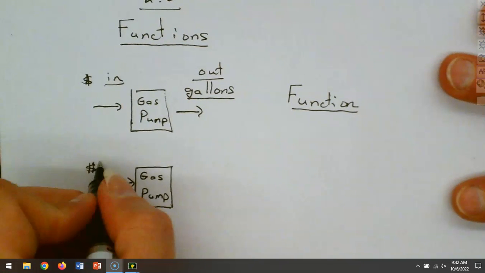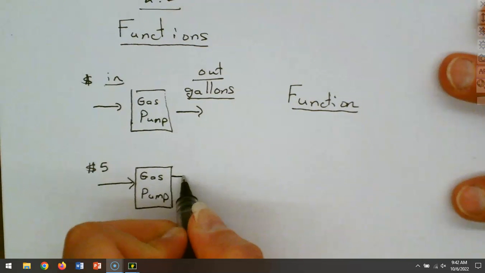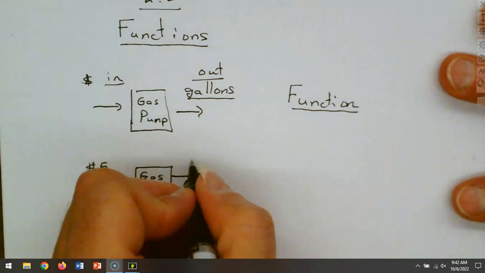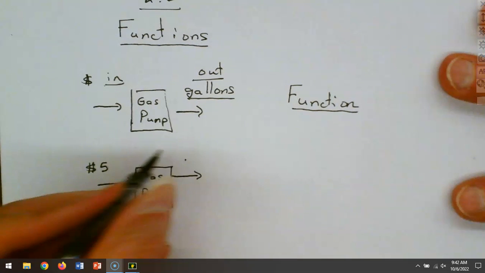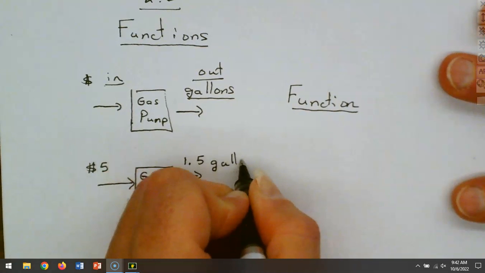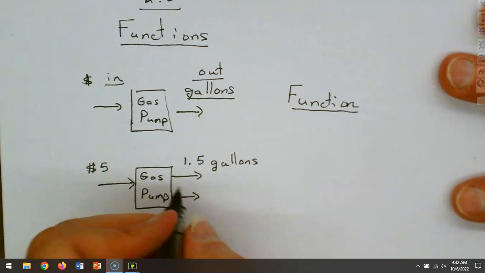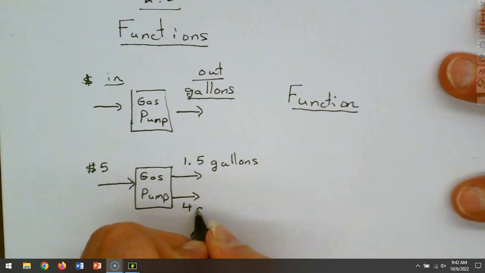So let's say we put $5 in, and we get out, let's say, 1.5 gallons of gas, and we get out 4 gallons of gas.